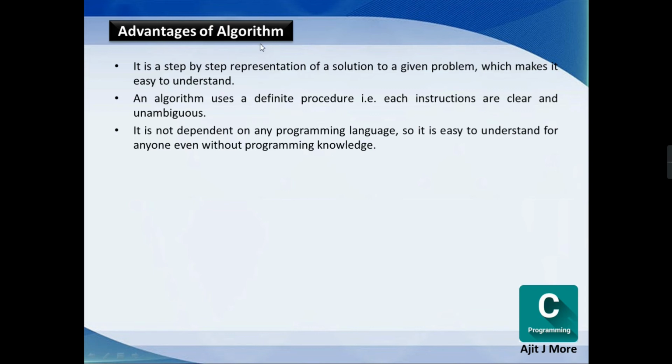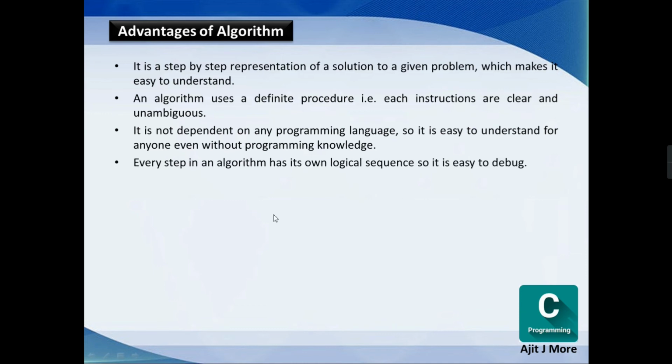Use simple English and just write steps. So it is not depending on any programming language, and any common person who reads your sequence of steps will be able to understand it. So it is easy to understand for anyone who does not have programming knowledge.